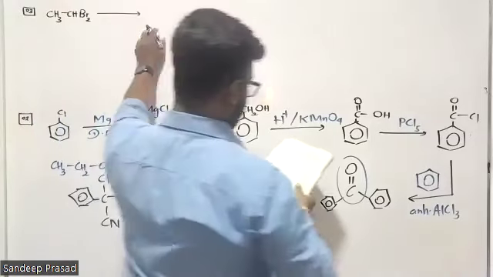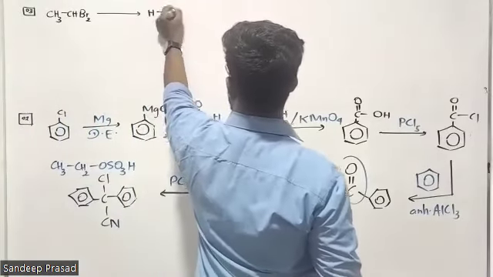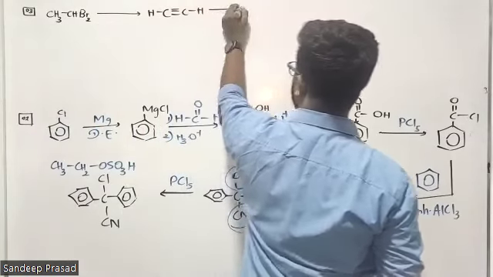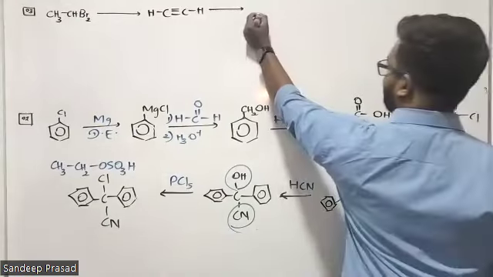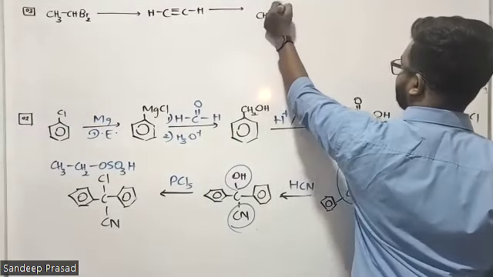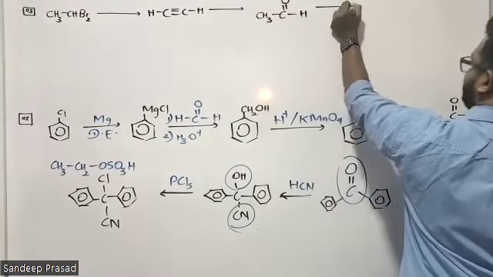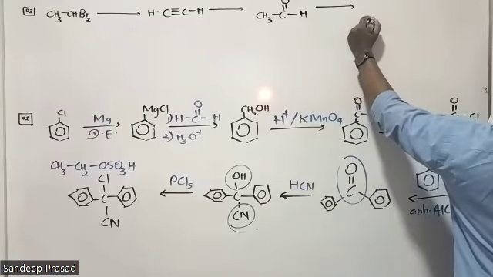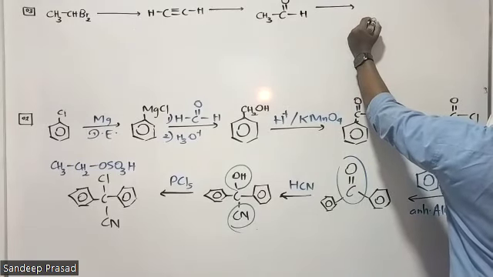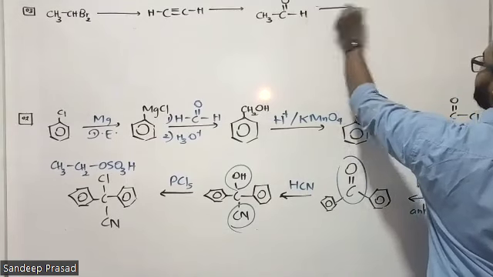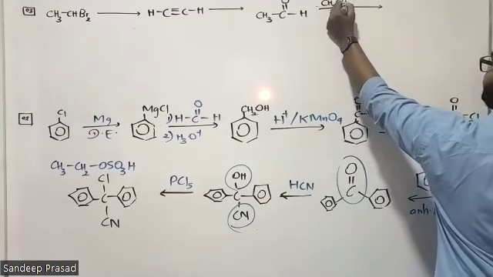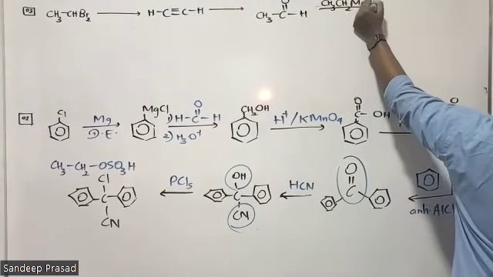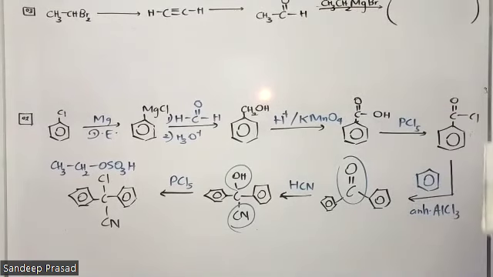Dihalide converted into alkyne. Aldehyde. Grignard reagent is added.